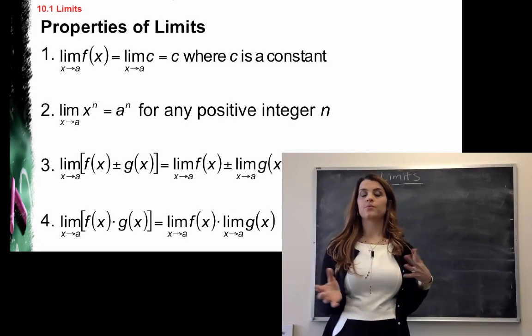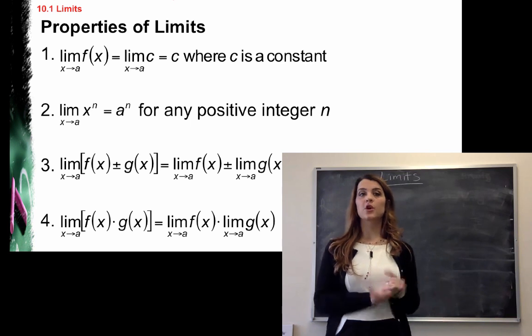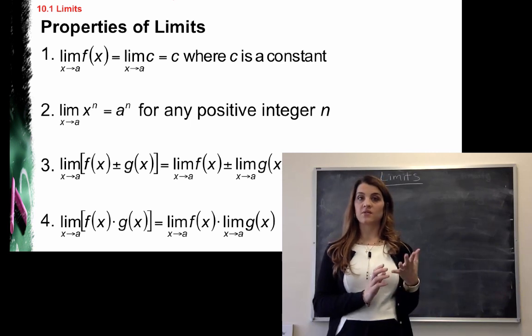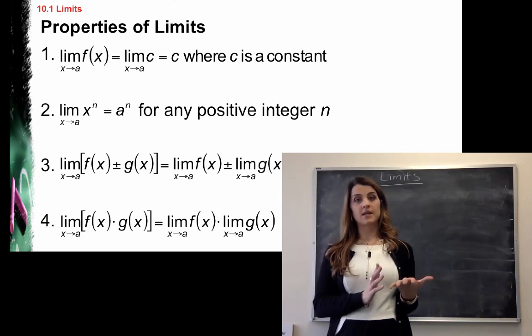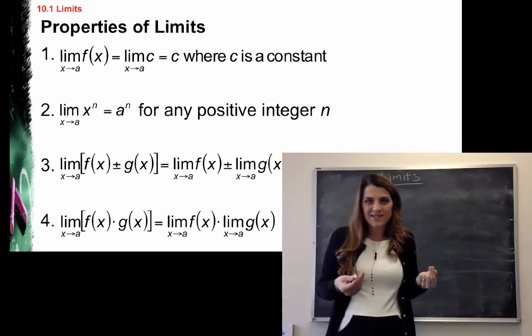What you see now in the PowerPoint slide that's also on this video are some properties of limits. If you notice number 1, it says the limit as x approaches a of f of x is equal to the limit as x approaches a of c is equal to c, where c is a constant. So that means what if f of x is just a constant or just a number?